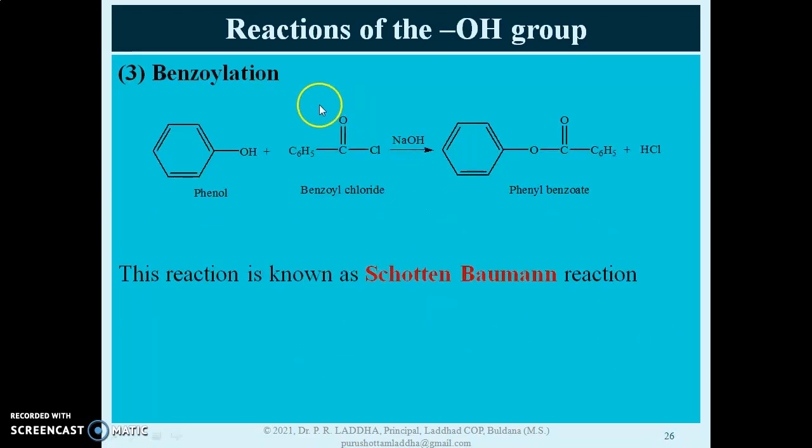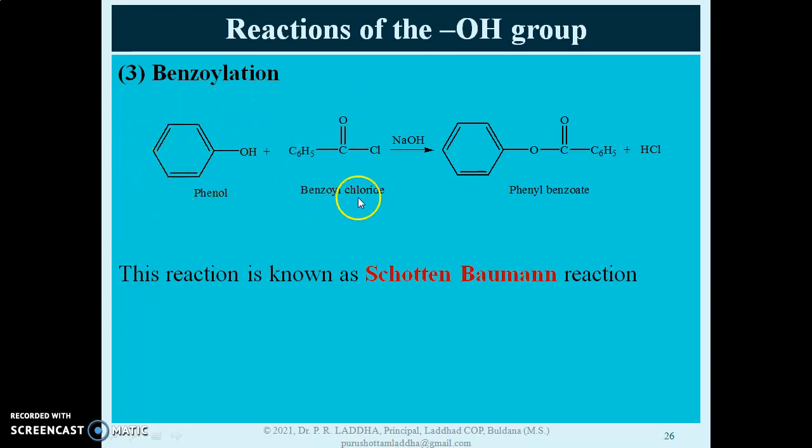Then the third is the benzoylation reaction. It is similar to the acylation reaction, only in place of the acyl group here we are adding the benzoyl group, that is the C6H5CO group, to phenol.